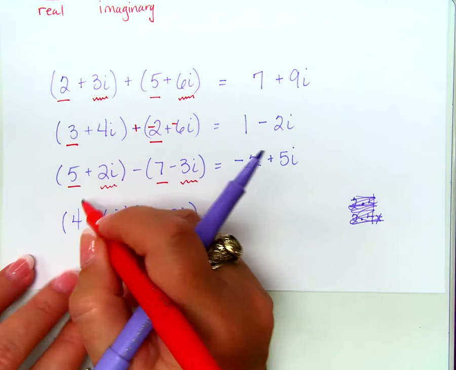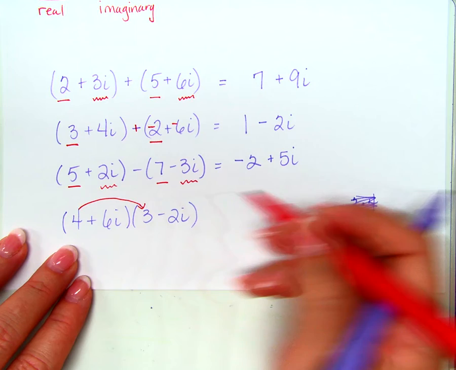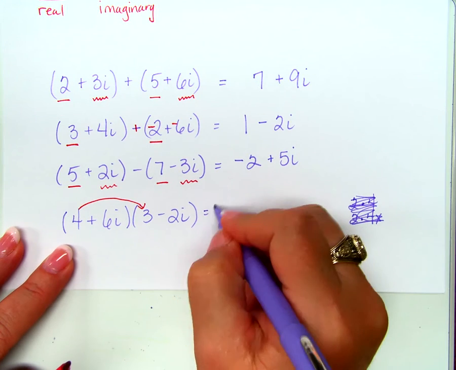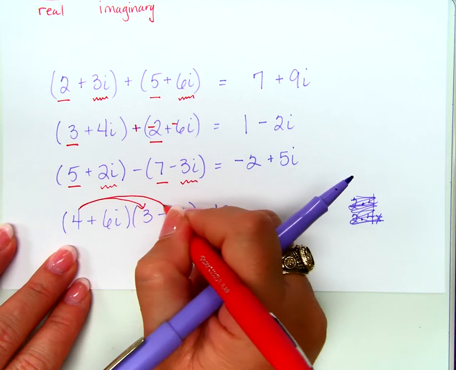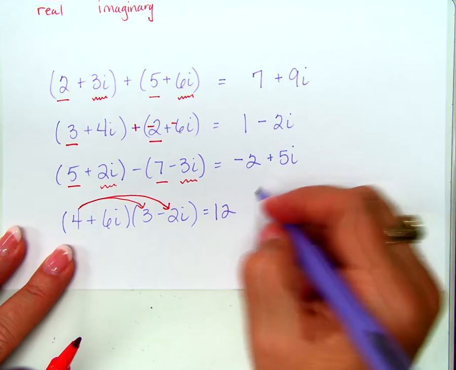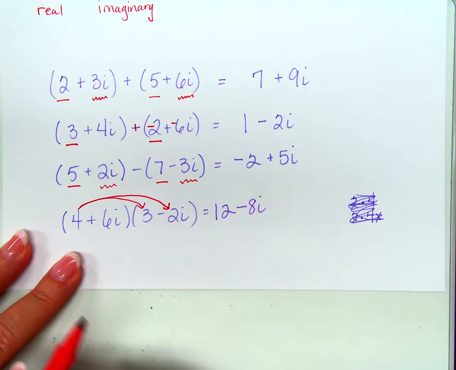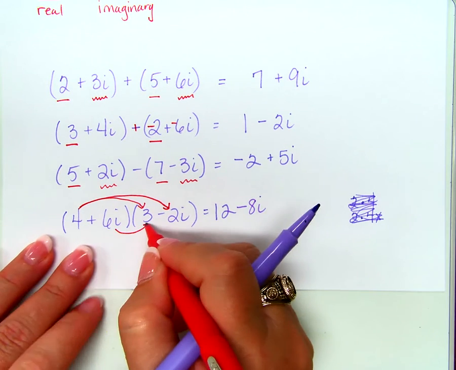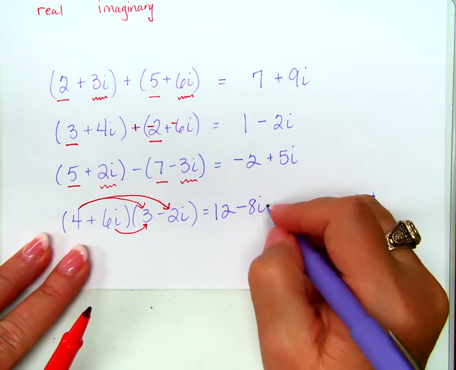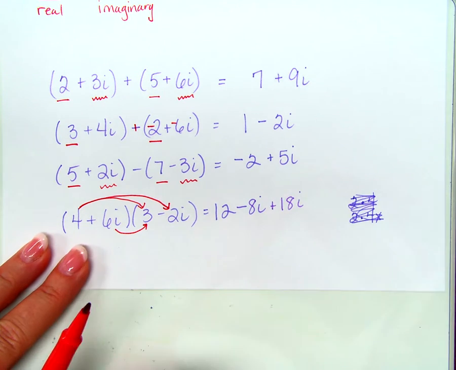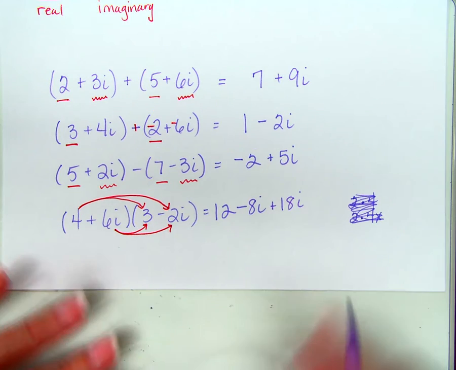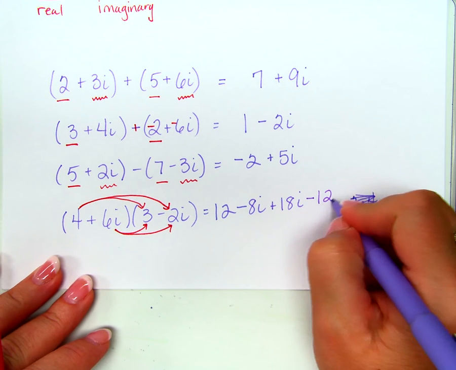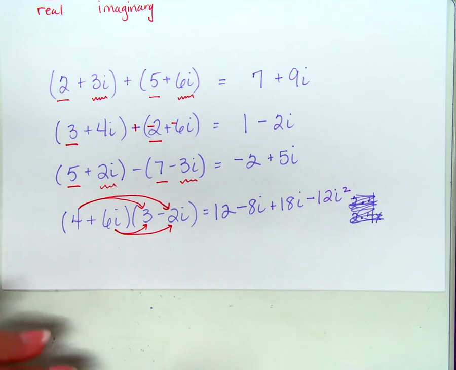Okay? 4 times 3, 12. 4 times -2i, -8i. 6i times 3, 18i. 6i times -2i, -12i squared.